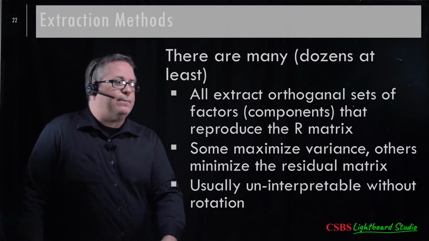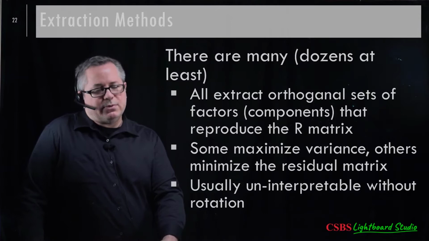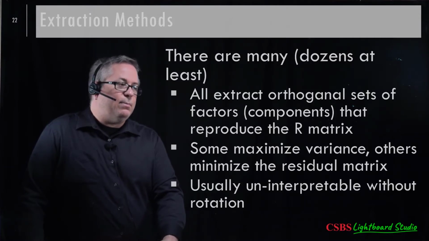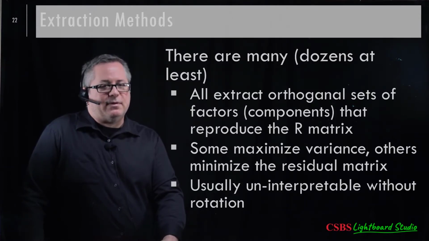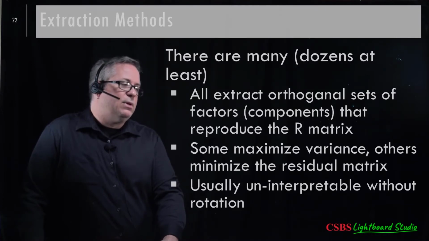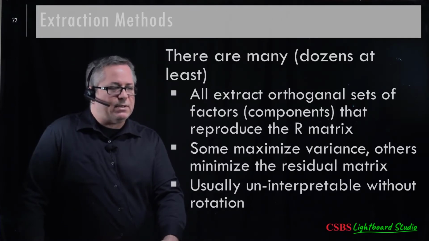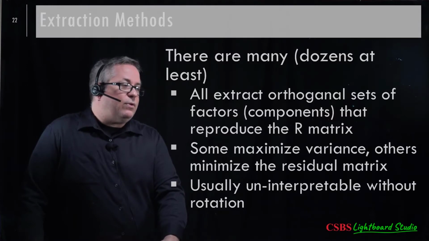They all do the same thing. Some try to maximize variance, others try to minimize residual. So you have things like MinRes, which is short for minimum residual, which I think is the unweighted least squares version in SPSS.